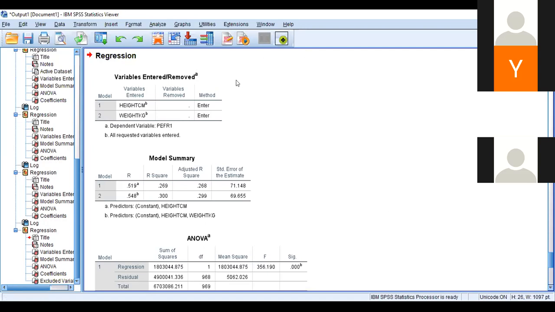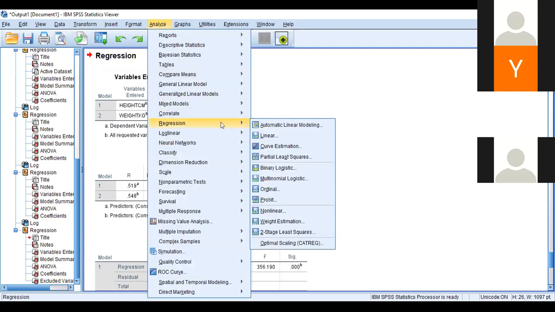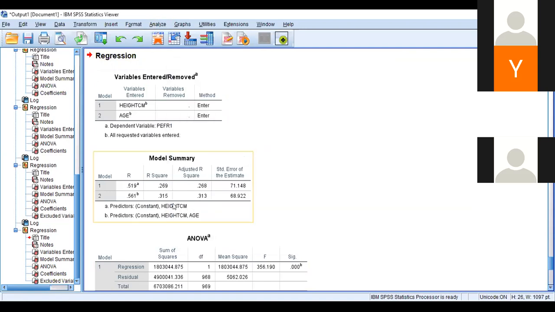Now let's use age. This one just had 3.1. Let's use age instead of the weight and you see what will happen. So I remove weight and put age instead. Can you see it improved to 31.5? So age improved it more than weight.